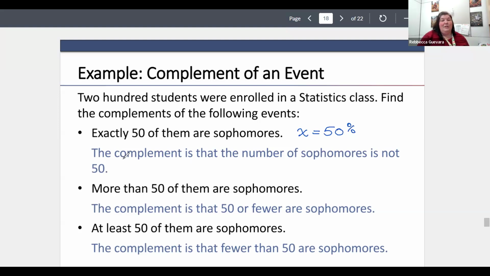The complement of that is anything but 50 sophomores. Anything else; the complement is just that the number of sophomores is not 50.